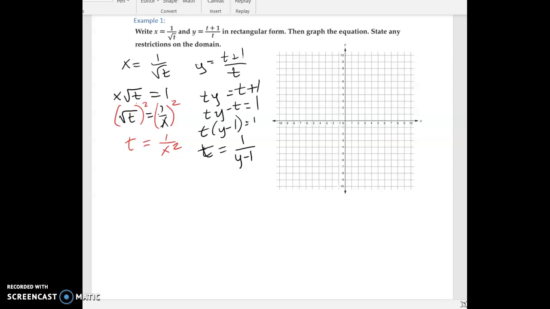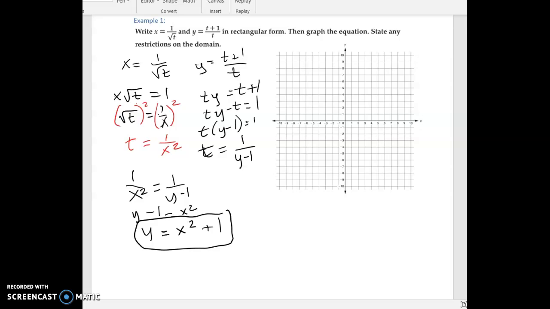Then we set them equal to each other. So I have 1 over x squared equals 1 over y minus 1. If we do a little cross multiplying, we'll get y minus 1 equals x squared, or y equals x squared plus 1. So this is our equation in rectangular form.